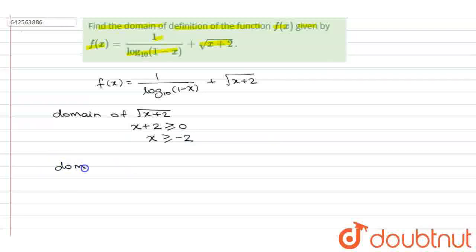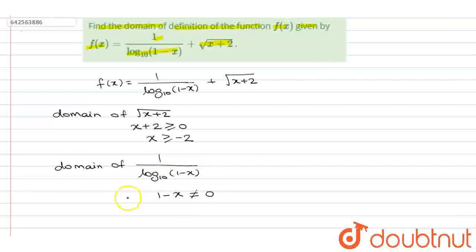Now let's find the domain of 1 upon log base 10 (1 minus x). Since we know that a logarithmic function exists only for positive real numbers, its domain will be all real numbers which satisfy the condition that 1 minus x should not be equal to 0, since this is in the denominator.